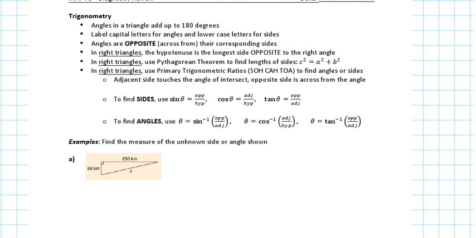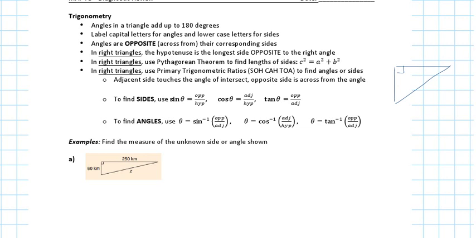In right triangles, the hypotenuse is the longest side and it's opposite to the right angle. Something that you need to always remember is, no matter what kind of triangle it is, so I'm going to draw a right angle triangle here, the biggest angle is always opposite the biggest side.